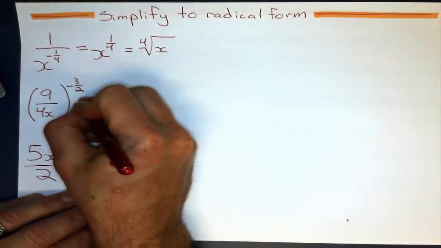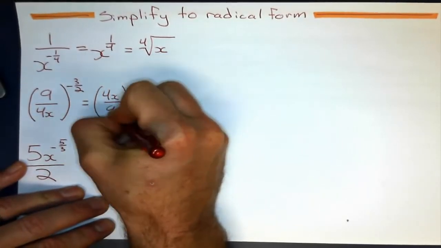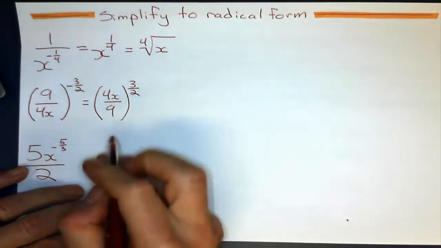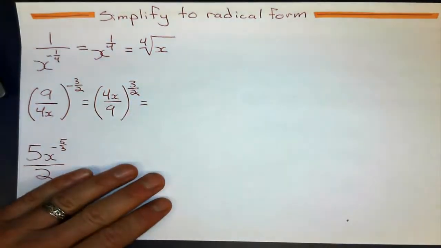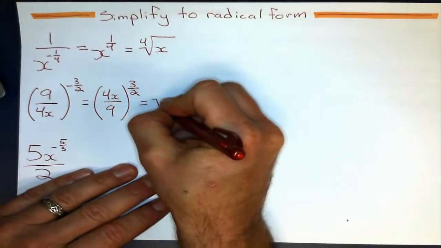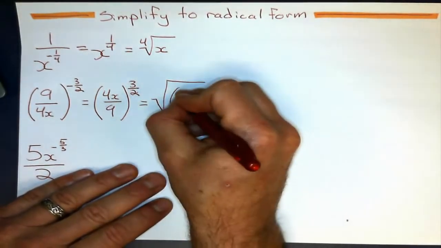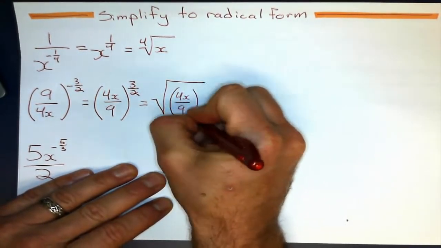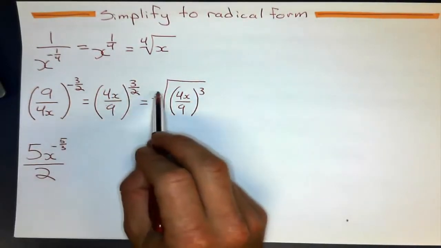Next one. A fraction to a negative power will equal the reciprocal to the positive power. So that's a general rule that we'll write down in a minute. Now what I'm going to do is write it in radical form. That's going to be the square root of 4x over 9, cubed. And for square root, I don't need to write that 2 right there.